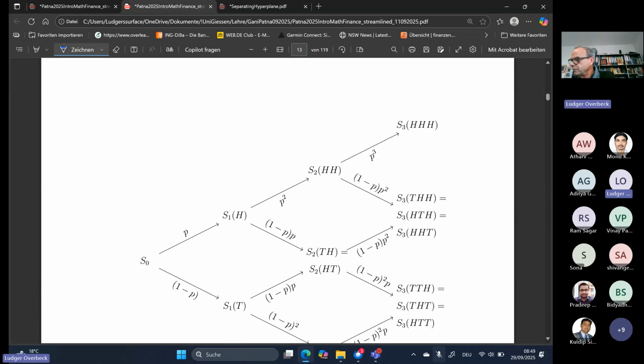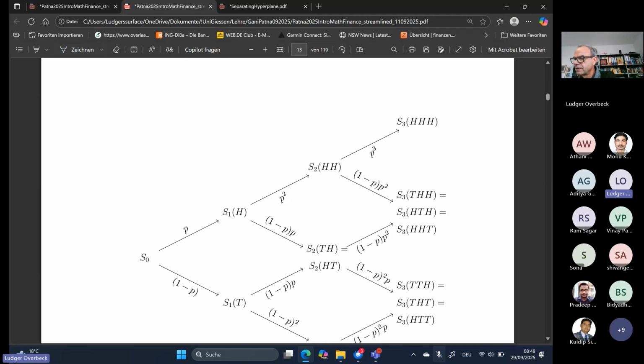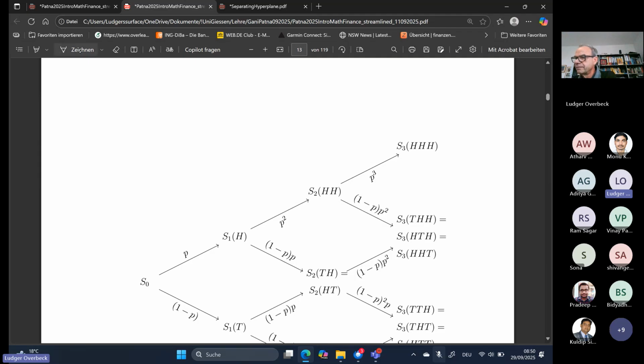Okay, in the binomial tree, if I'm now at time 1, let's say F1. We have more today, we are here, but now we assume we are at F1.